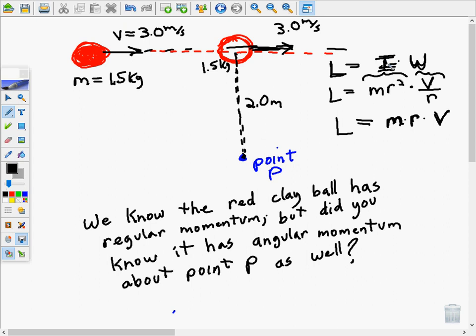The moment of inertia is mr squared. The omega is the tangential velocity over the radius. Notice one of the r's cancels out, and you're left with mrv. So this is a weird type of thing because this ball going in a straight line like this would still have angular momentum about this point here.